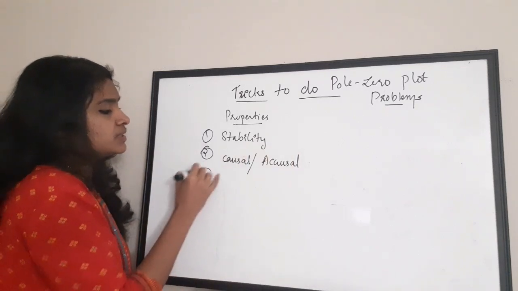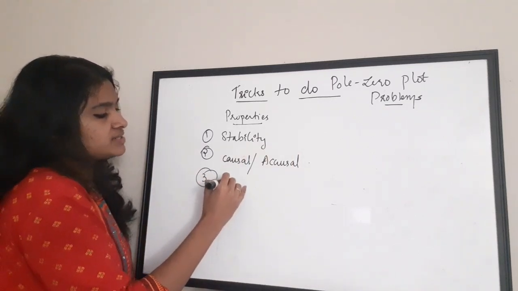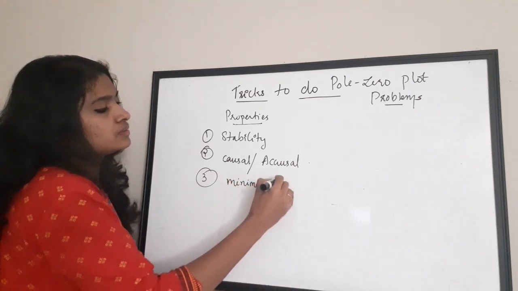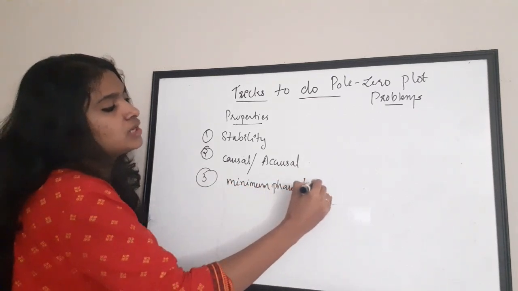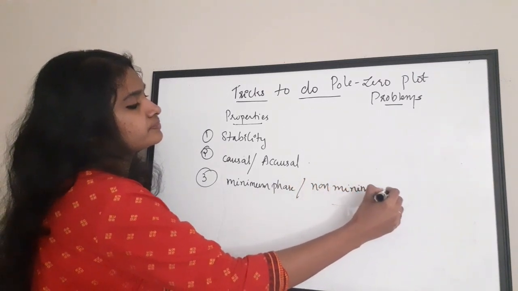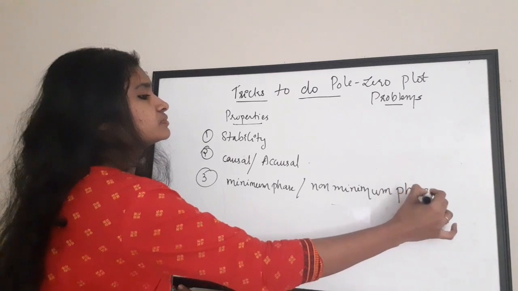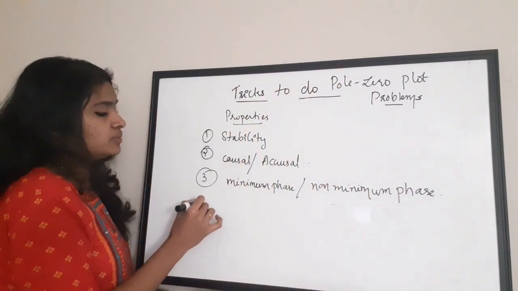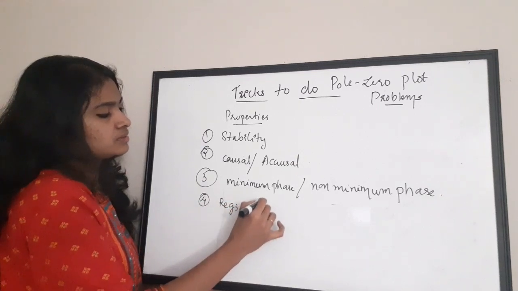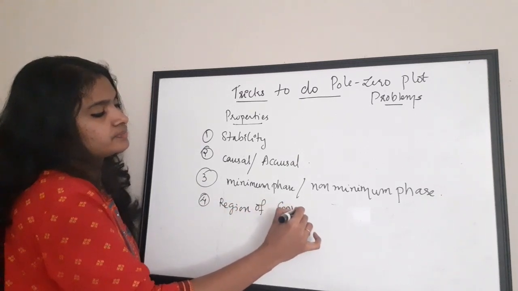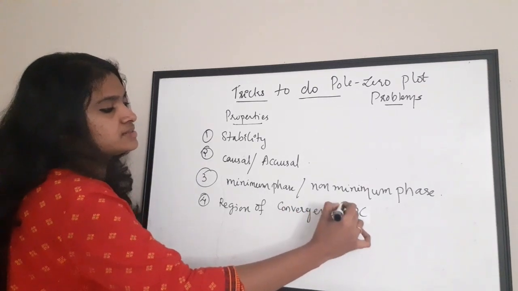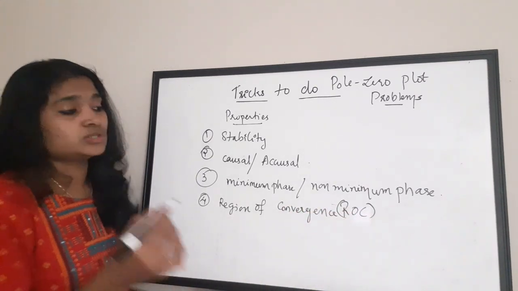Then the third one is the phase, which is minimum phase and non-minimum phase. Then the fourth one is the region of convergence, or you might have seen this term ROC, or region of convergence.